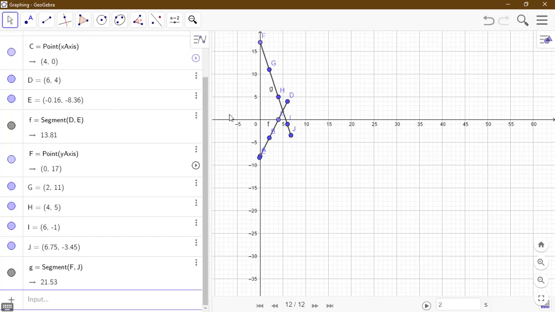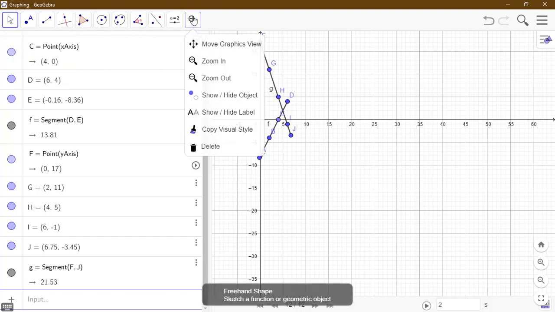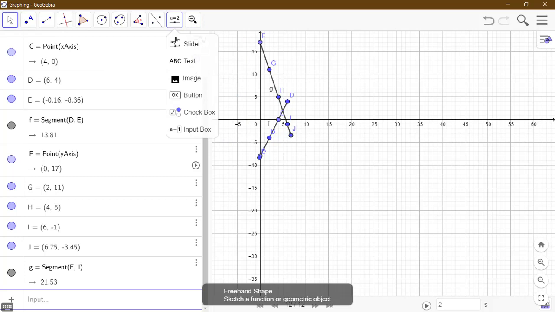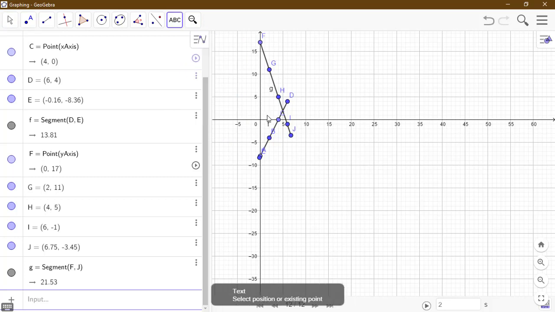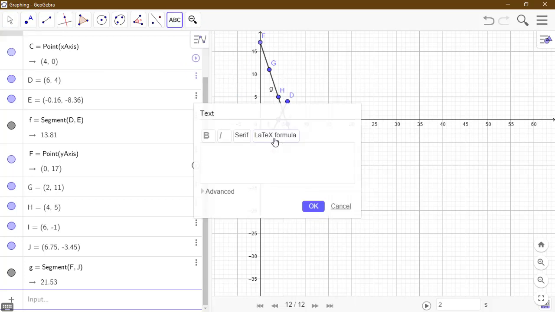Lest I forget, I need to put something here. Let me write a text there to write the equation.